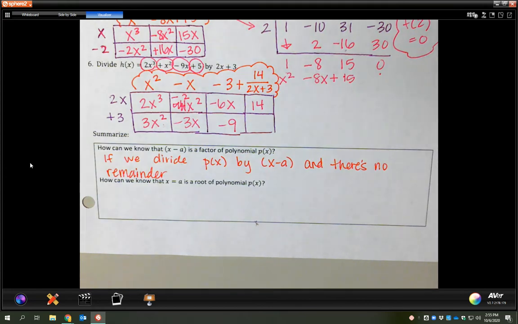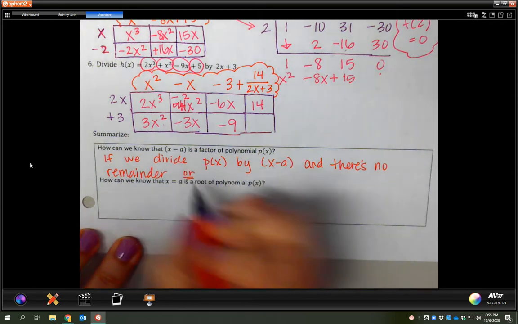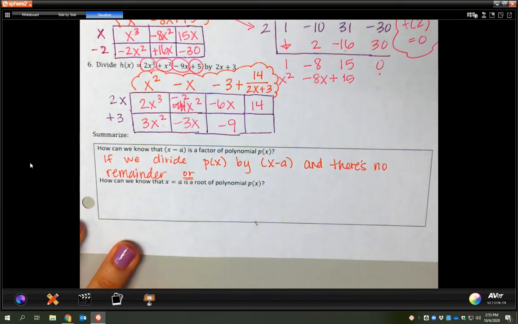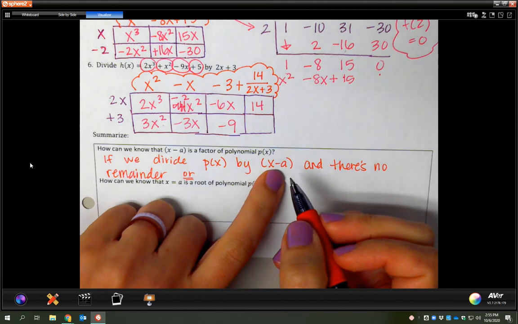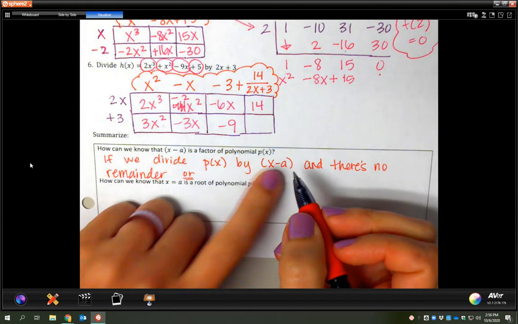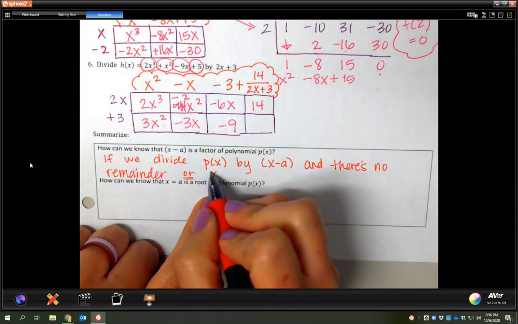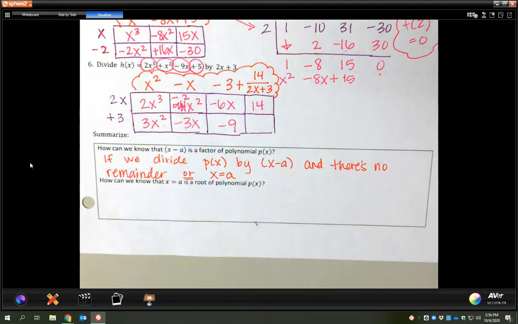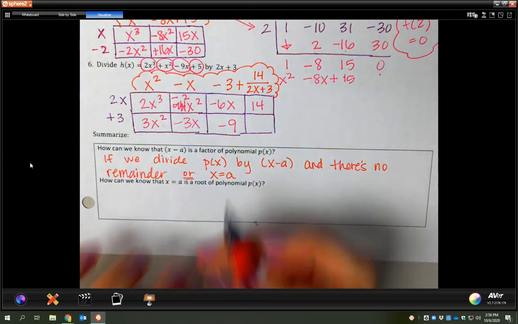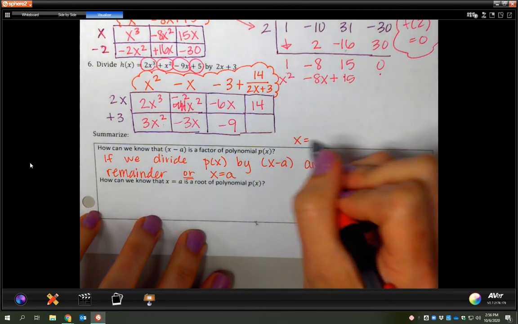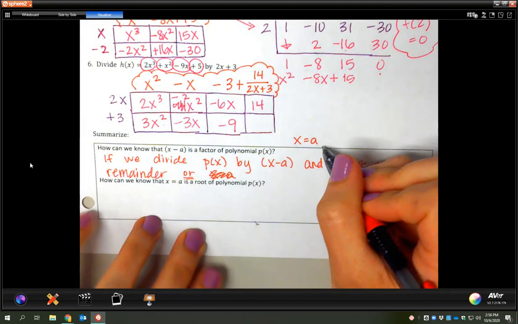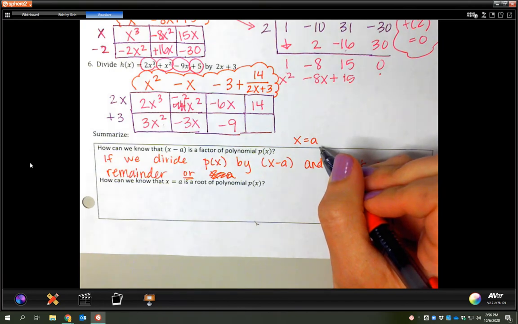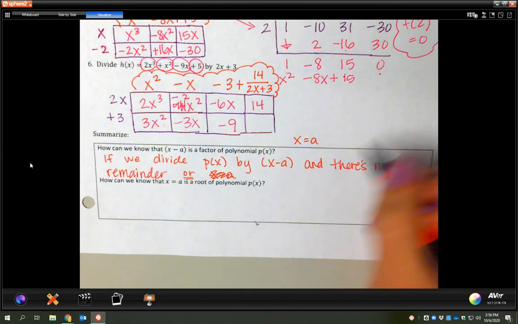Another way to figure out if it's a factor is, if x minus a was a factor, then that means x equals a would be a root. So here, I'm going to write that up here. If x equals a was a root, when you plug it in, you get 0 at the end.